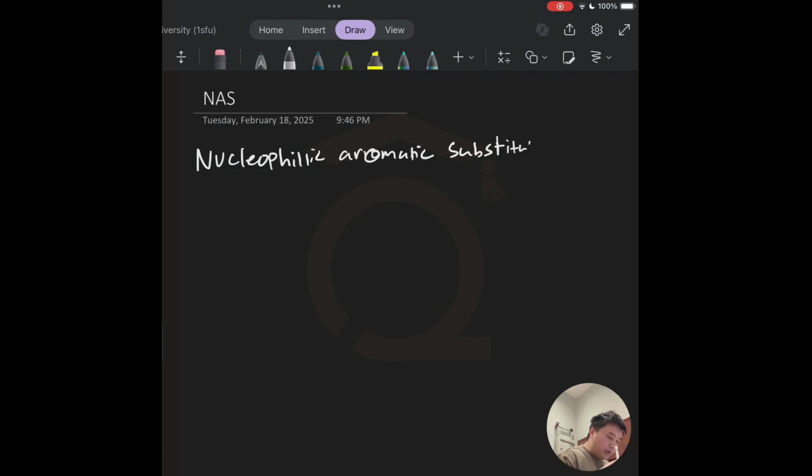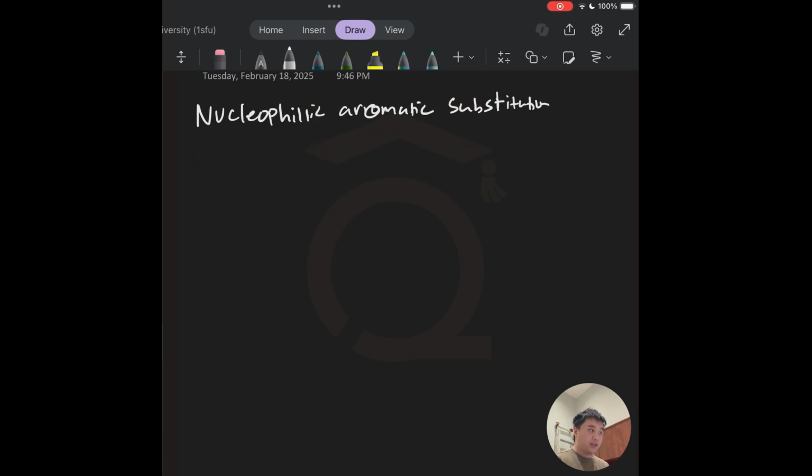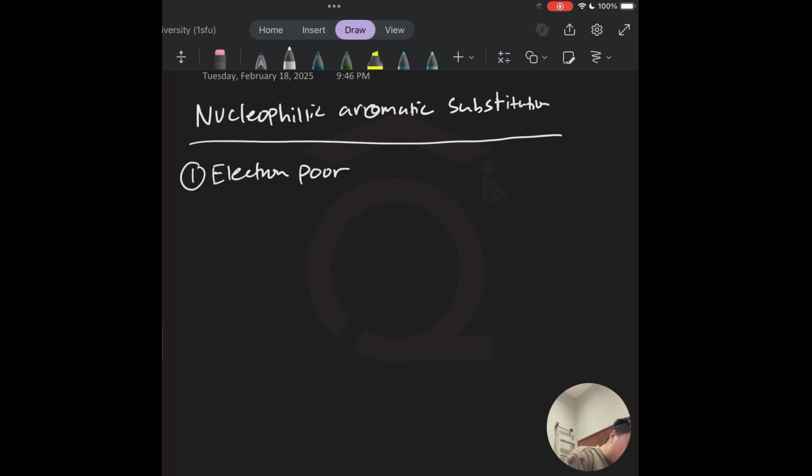Okay, so nucleophilic aromatic substitution is essentially the reverse of EAS, which you learned. What's required for NAS is, one, an electron poor aromatic system, something with an electron withdrawing group, something like nitrobenzene, okay?